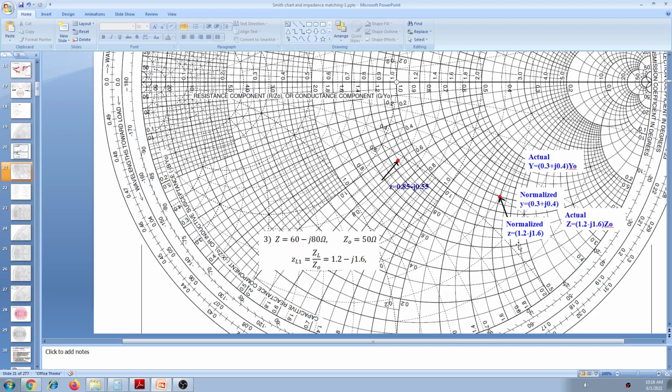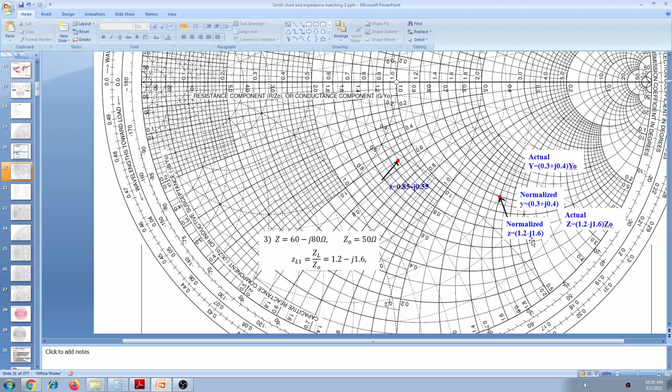Like that, we can easily obtain the normalized value of admittance at any point. The equivalent admittance you can obtain easily. This is the normalized impedance that we marked. The actual value is multiplied by Z naught. Actually, here you will get 60 minus j80 as the actual value.